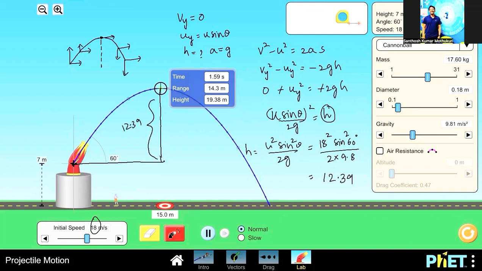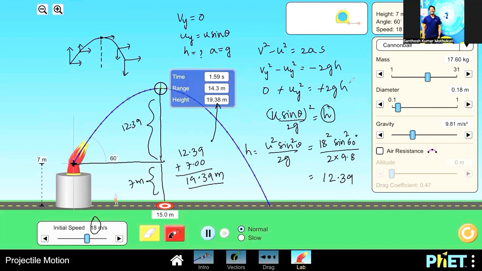But this particular cannon is already at a height of 7 meters. So I have to add this. So 12.39 meters plus 7.00, it would be 19.39 meters. Look at this. Vertical height is 19.38 approximately. Yeah, this is how we find out the vertical height.